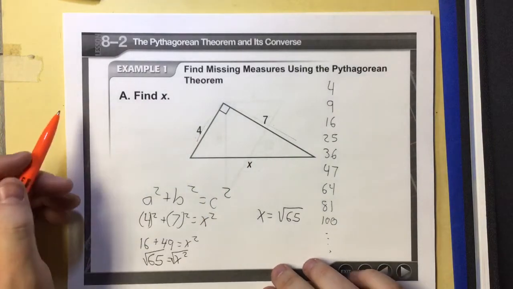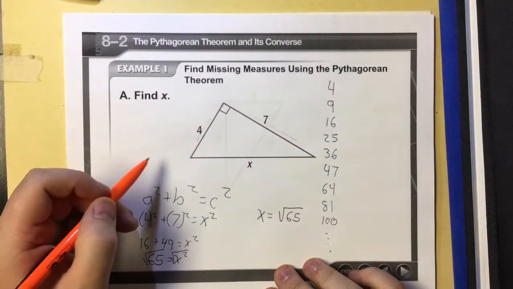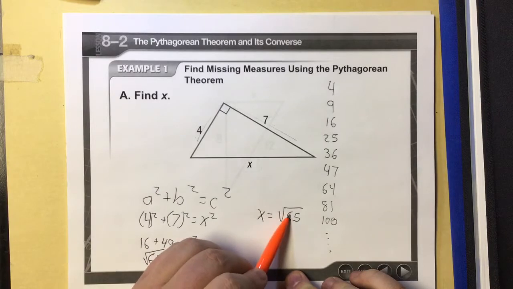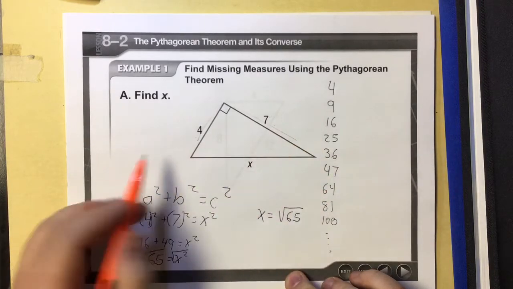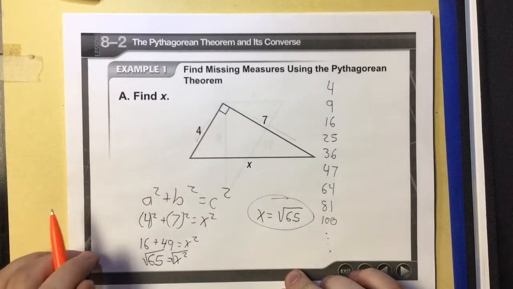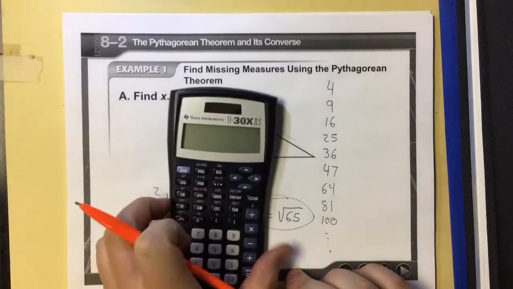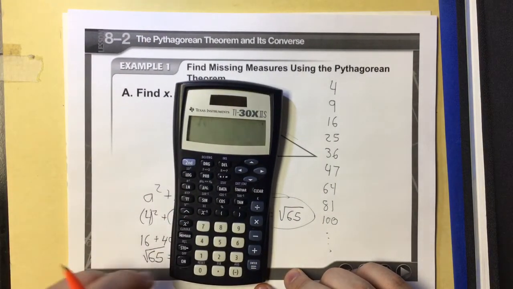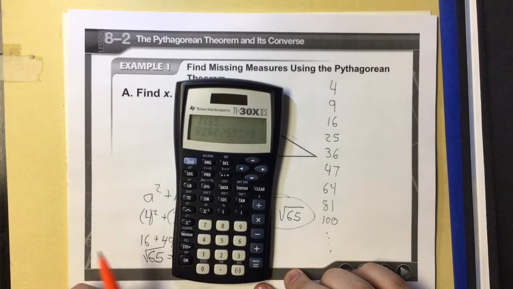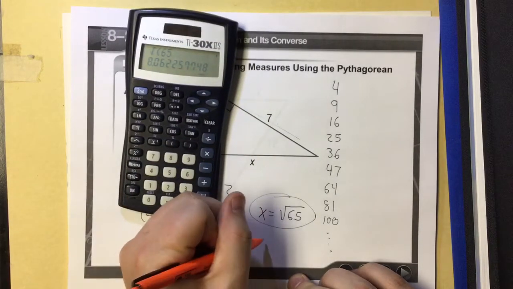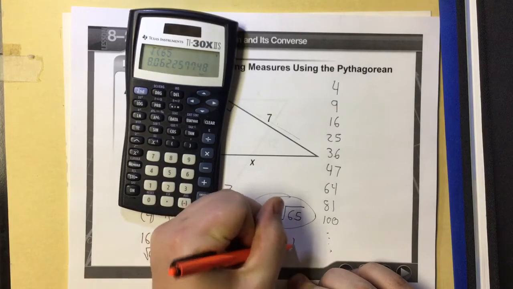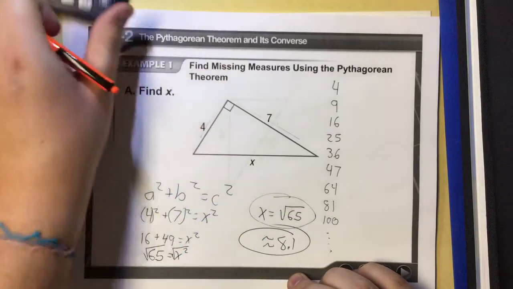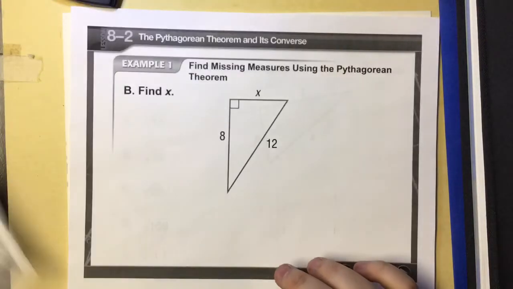So those are the start of our list of perfect squares. And since 65 can't be divided by any of these, we just leave our answer there. Some of the problems, you'll want to just round them off to a decimal place. So we do the square root of 65, and it gives us about 8.1 if we wanted to round it off. Just type it in your calculator and see what you get.